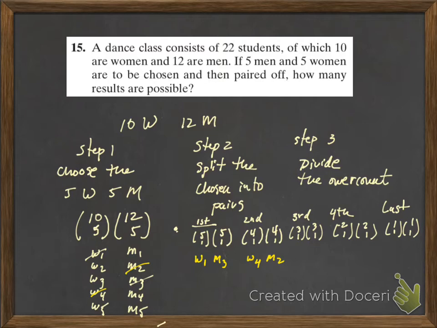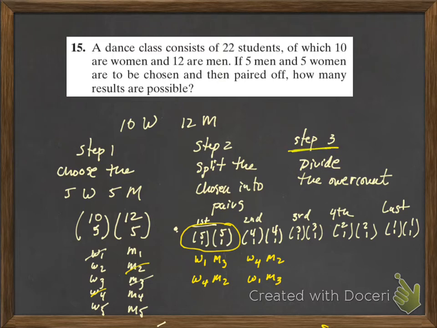Well, what could have also happened, if we are allowing for all 5 in this first pair, we could have chosen woman 4, man 2 from our original 5 and 5. Similarly, we could have then on the second one picked woman 1 and man 3 since they're still out there. And in fact, whatever we pick in this first choosing, we're going to overcount by all the permutations of those choosings.